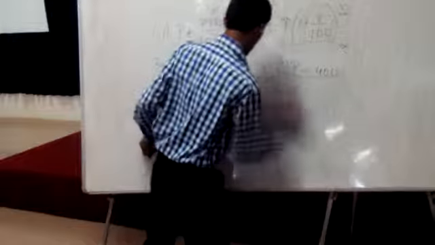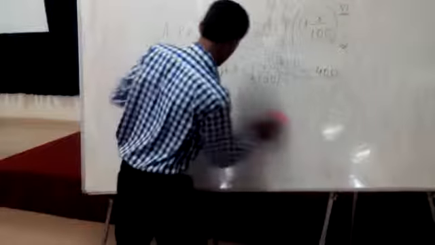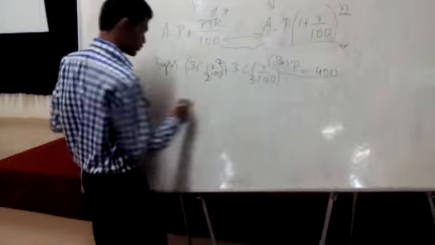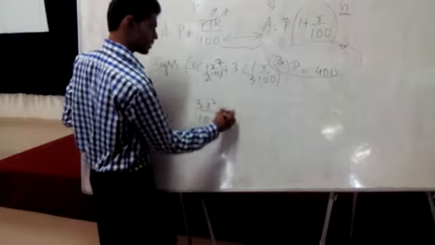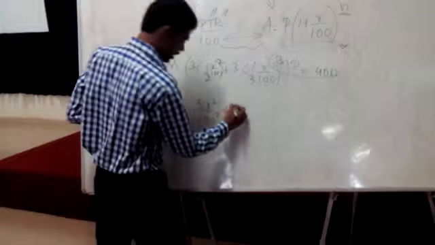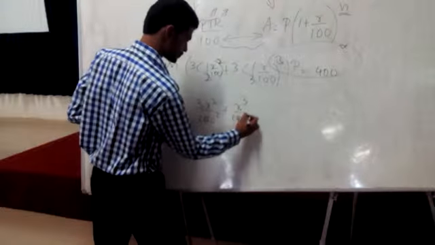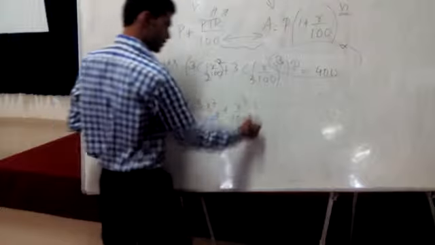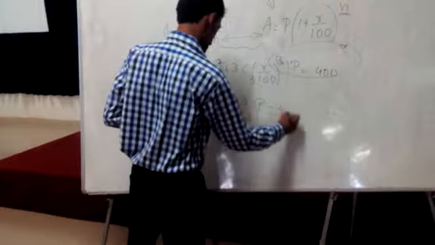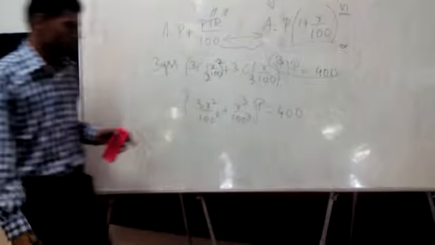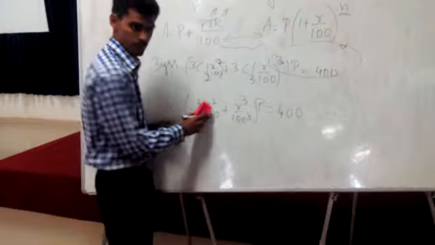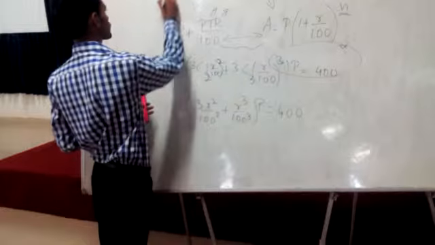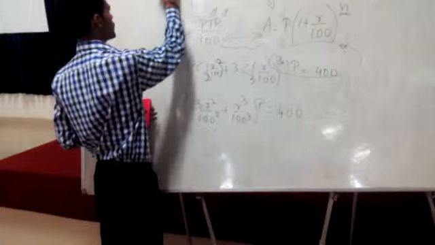Now what next? 3C2 and 3C3 are simple values. 3C2 is 3, R square by 100 square, plus 3C3 is 1, R cube by 100 cube. Multiplying this by principal, you get 400. Now you have to solve. R is also known as 5; rate is 5%, time is 3 years.